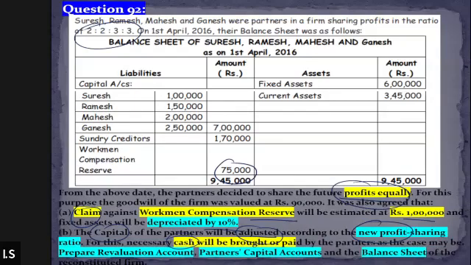So instead of current account, we need to write down the cash this time. This is the only difference in this question comparing with the last question. In the last question, we need to open a current account, but in this question, we need to open the cash account. Got it?